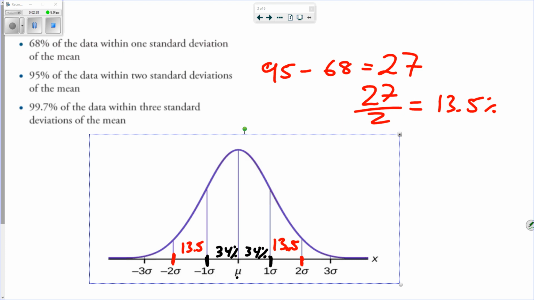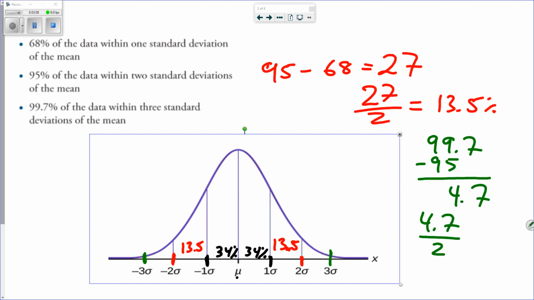3 standard deviations out, and we should have 99.7% of the data. So almost all of our data points should lie within 3 standard deviations of the mean. So that means 99.7 minus 95 is 4.7. 4.7 divided by 2 is 2.65.